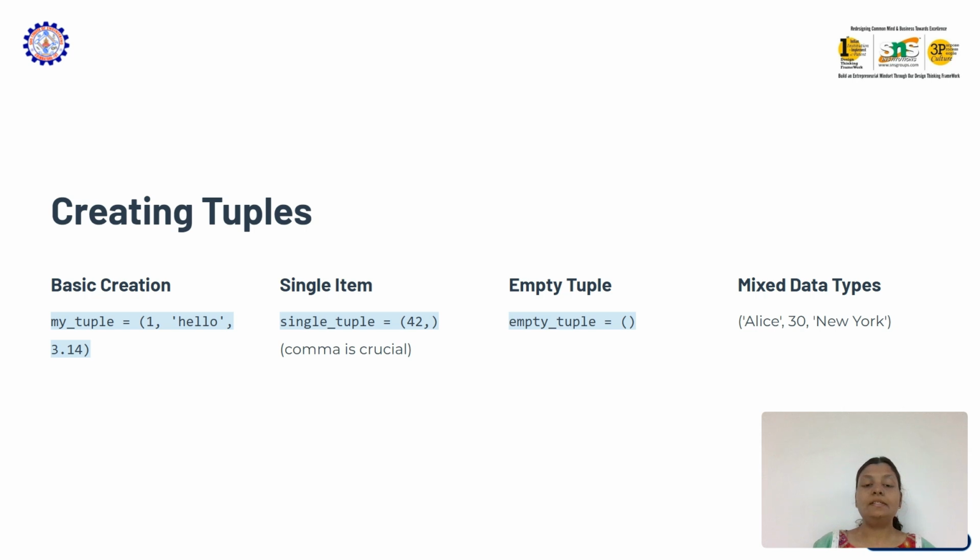Single item: single_tuple equals 42 followed by a comma. The comma is crucial. Empty tuple equals nothing inside the parentheses. Mixed data types: Alice, 30, New York. Within the parentheses, this can also be given.